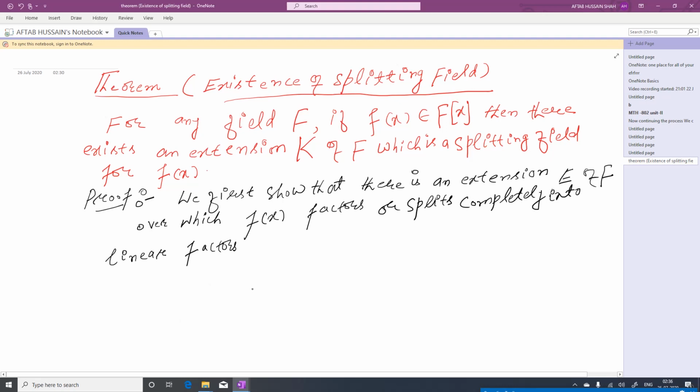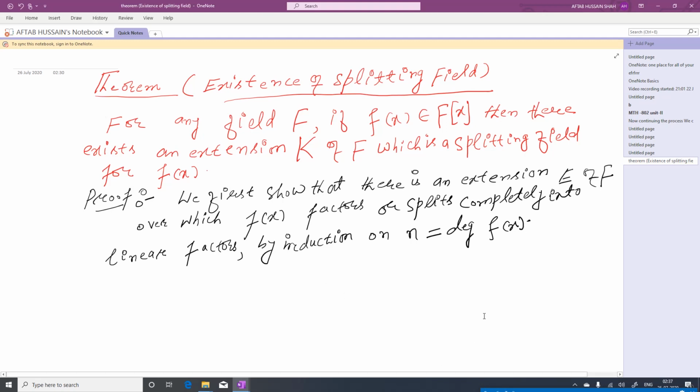And this we do by induction on n, which is the degree of this polynomial f(x). So we will show that there exists a field over which this polynomial f(x) factors completely into linear factors.